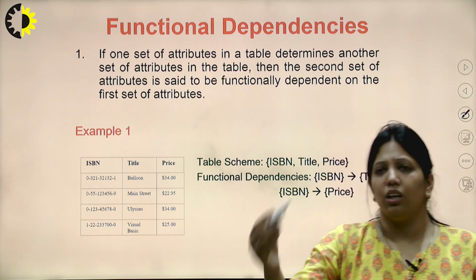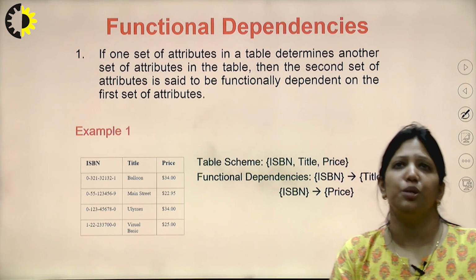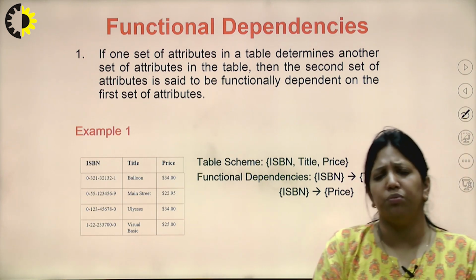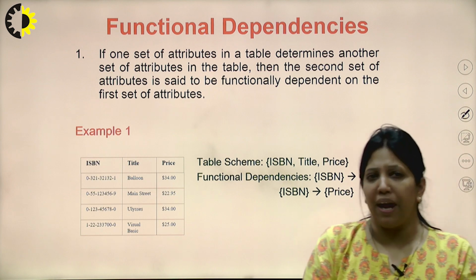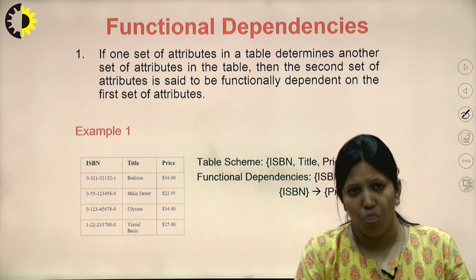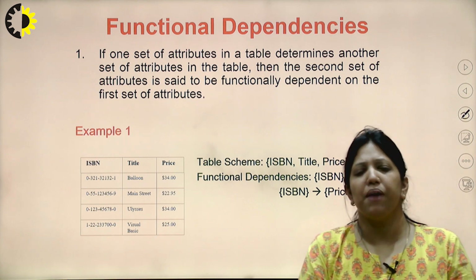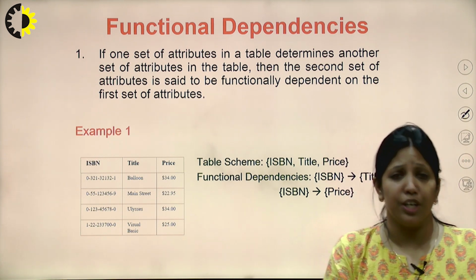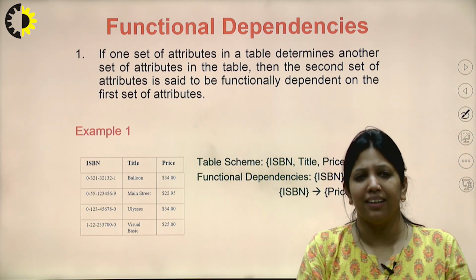For the higher versions of the normal form, we need to understand the concept of functional dependencies, because all the normal forms, that is second normal form, third normal form, all depend on functional dependencies. If one set of attributes in a table determines another set of attributes in the table, then the second set of attributes is said to be functionally dependent on the first set.